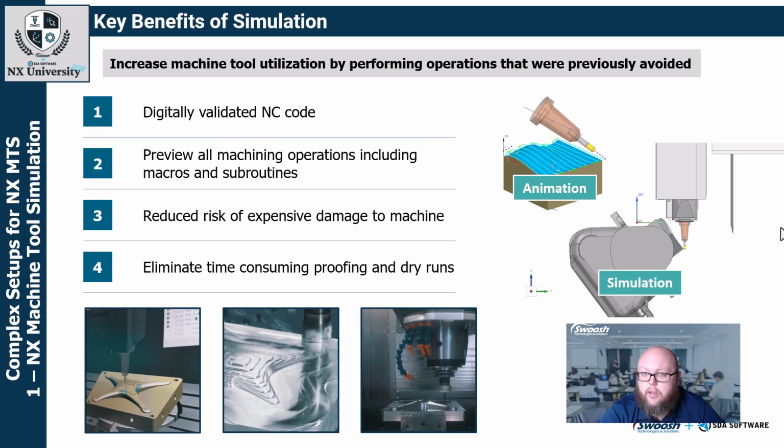In this case, that we're seeing on our screen here, we might realize that our spindle face is much closer to the part than we really anticipated. Or maybe we actually have a collision, and with animation we're not going to catch that, but we will catch it with simulation. So we're getting some benefits just that we're able to really validate our NC code offline.